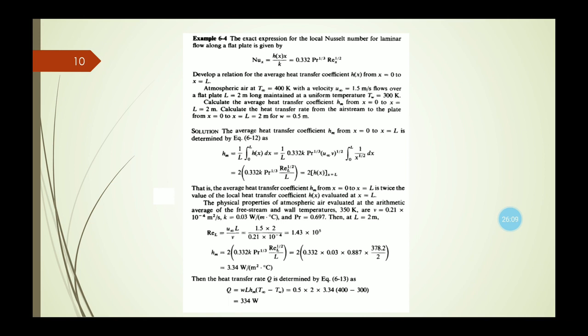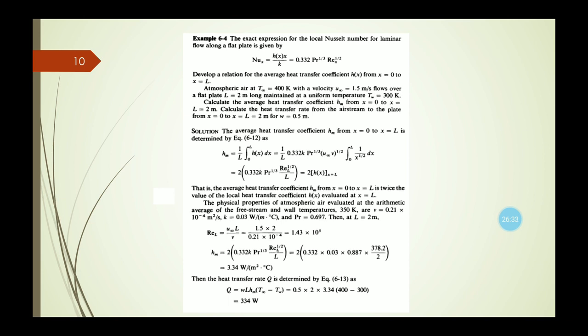Now the average heat transfer coefficient hm from x equals 0 to L can be determined by using the formula 1 by L integration 0 to L hx dx, with the representation of hx given here.